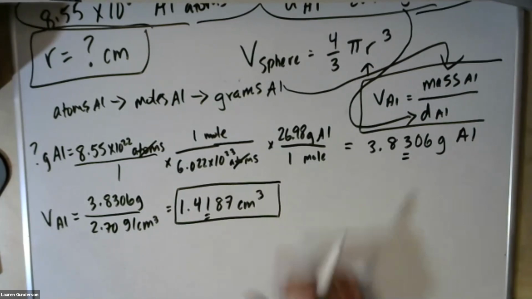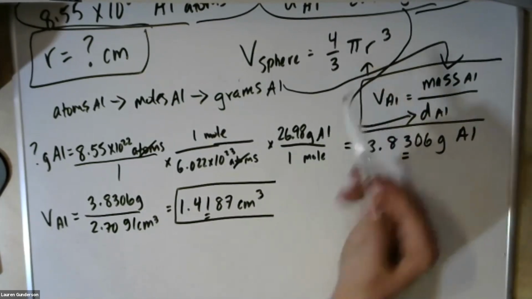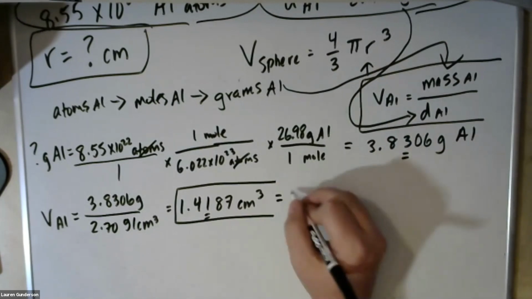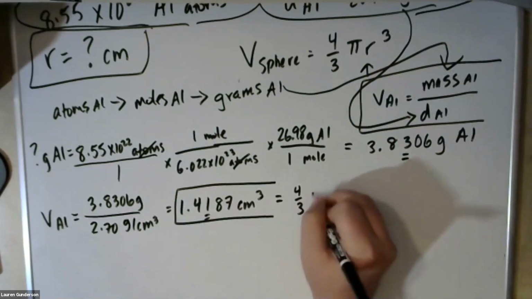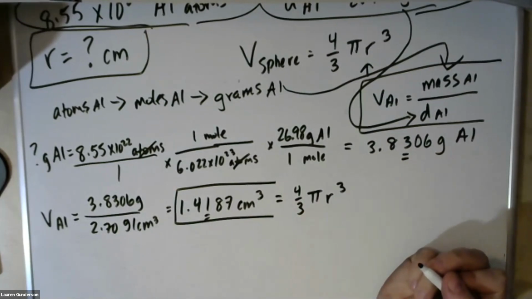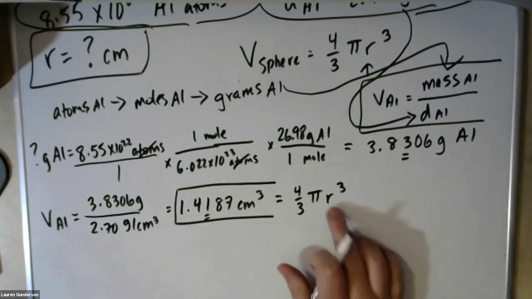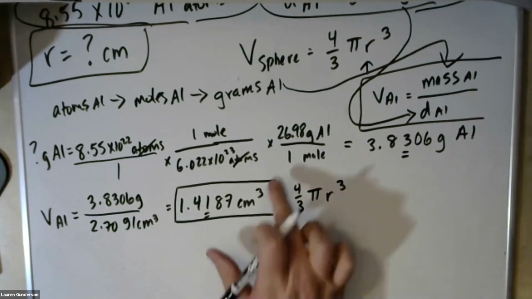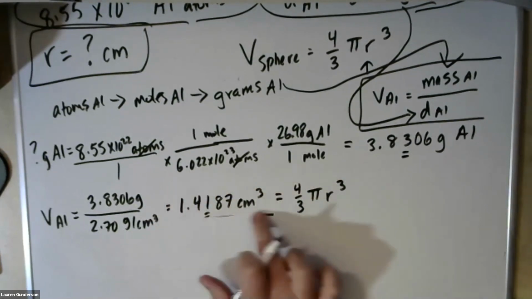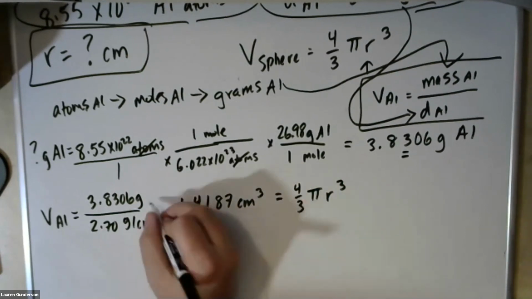So now this volume value, I know that because it's in the shape of a sphere, it's going to be equal to 4/3 pi r cubed. Okay, so I want to isolate my radius value. I have this underlined for sig figs.